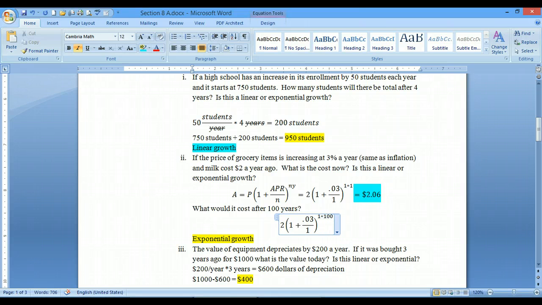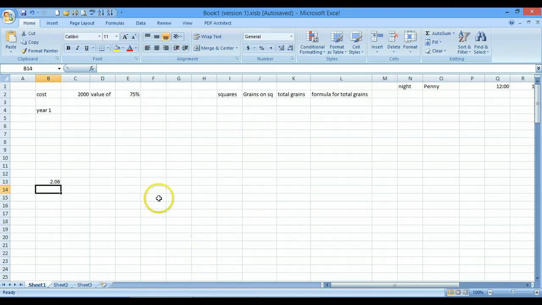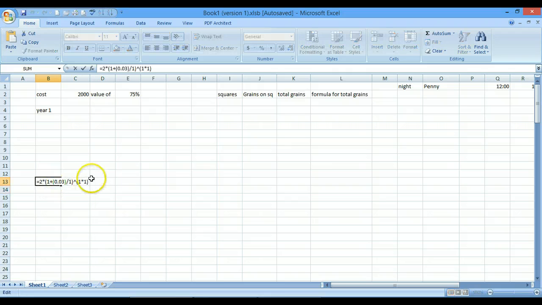So use my over arrow to get out of the exponent, press equals, copy and paste, or since we already have it in here, we can come back and change this to 100. Press enter.